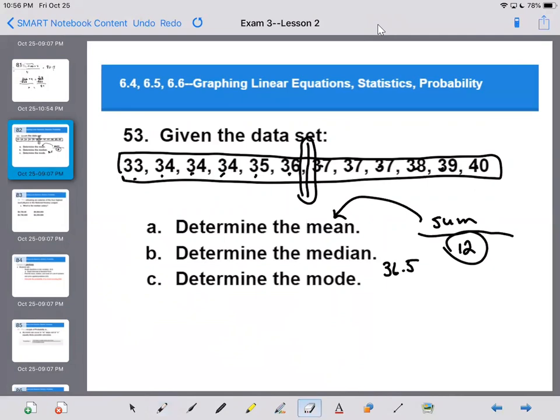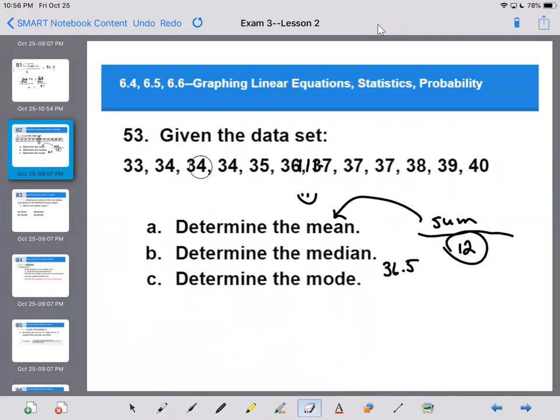Now, if we think about, all right, well, what's the mode? The mode is the number that shows up multiple times. Well, we see 34 3 times. We see 37 3 times. So we can actually have co-modes, or sometimes we can say bimodal, if I spell that correctly.